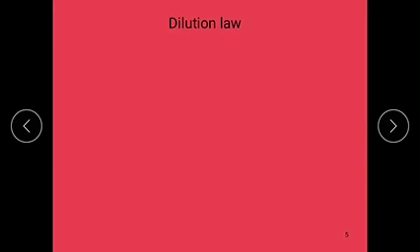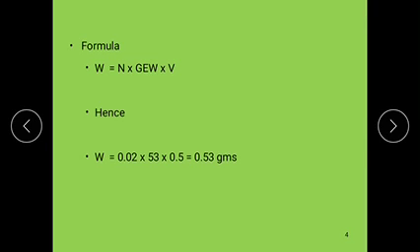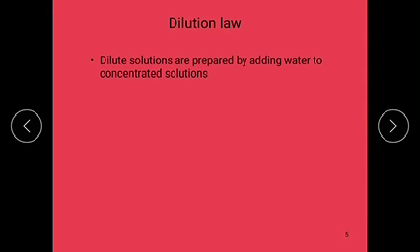Similarly, we have to discuss the same type of problems from an examination point of view. Next, the dilution law. Dilute solutions are prepared by adding water to concentrated solutions. We already discussed the dilution law in the case of molarity.